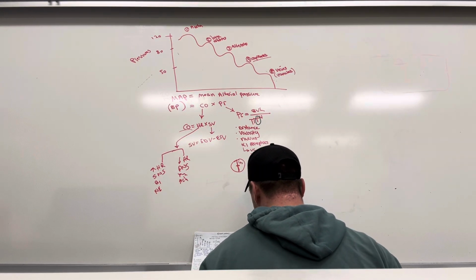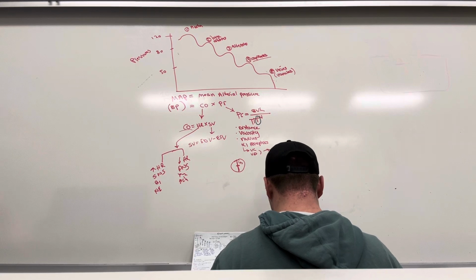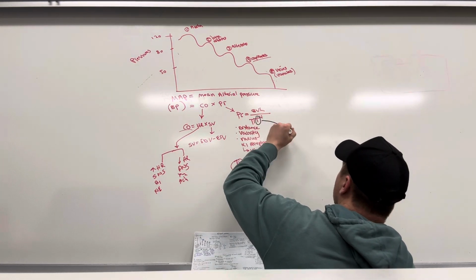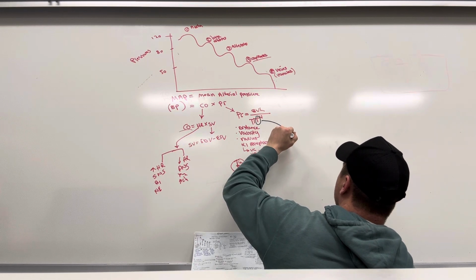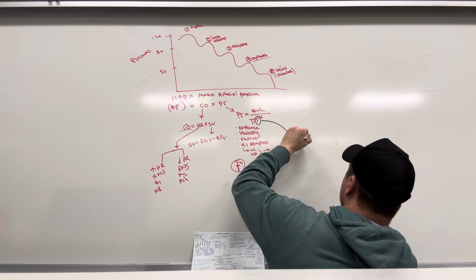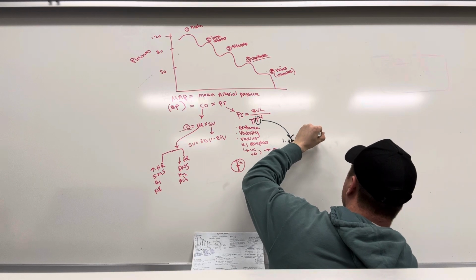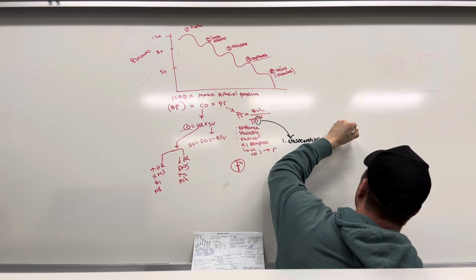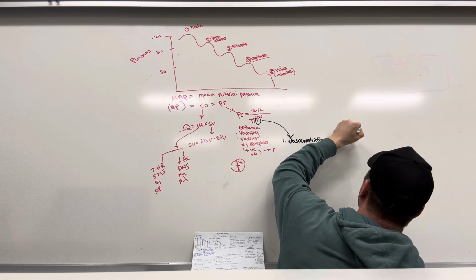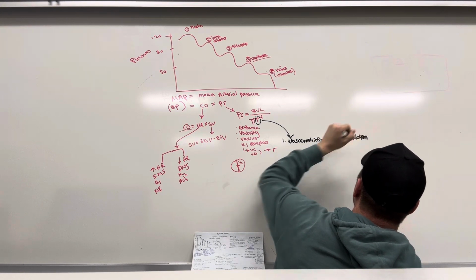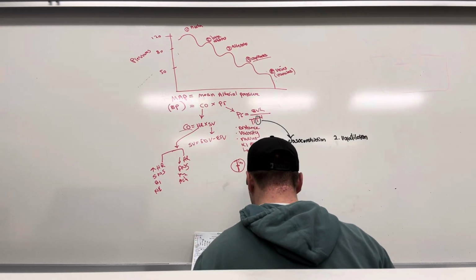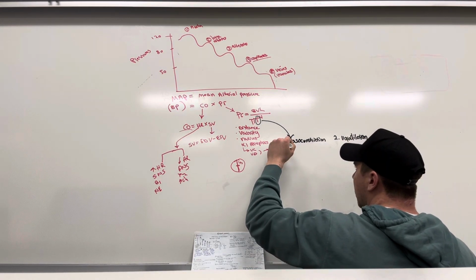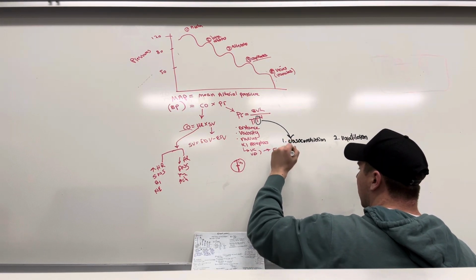There are two ways of changing R. We can do either vasoconstriction or vasodilation. What ends up happening is if we do vasoconstriction, then our radius will go down.